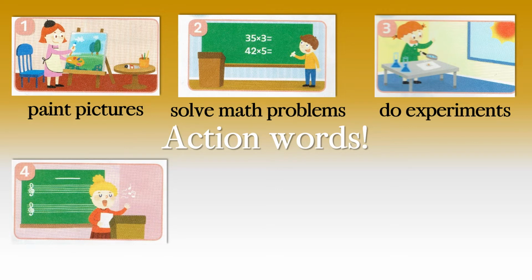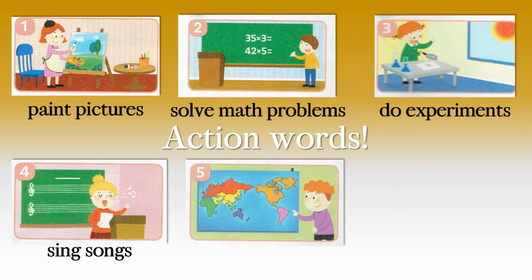Okay, this is music class. What do we do in music class? Sing songs. Number 5, social studies. Now, sometimes we do this in social studies to find out where people live. What is this? Read maps. That's right, read maps.